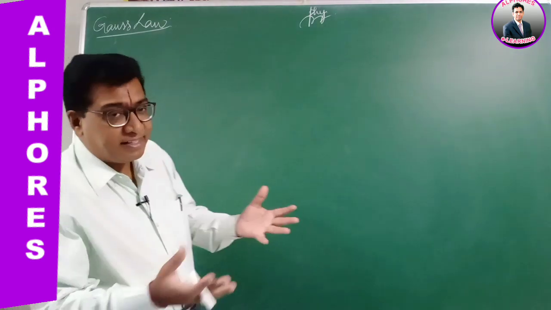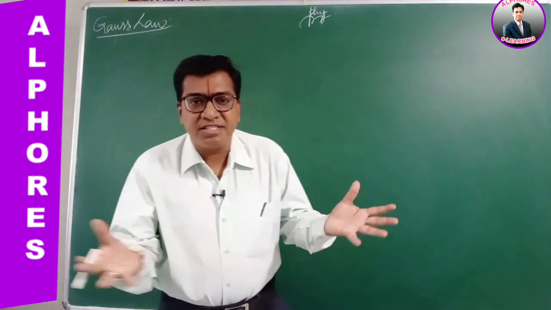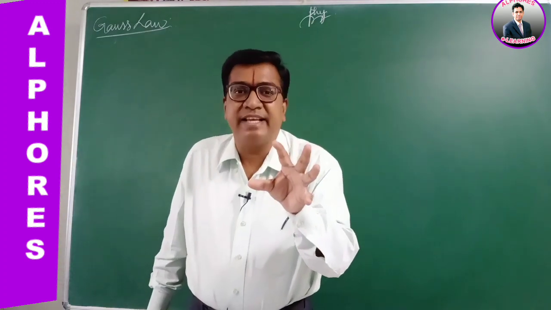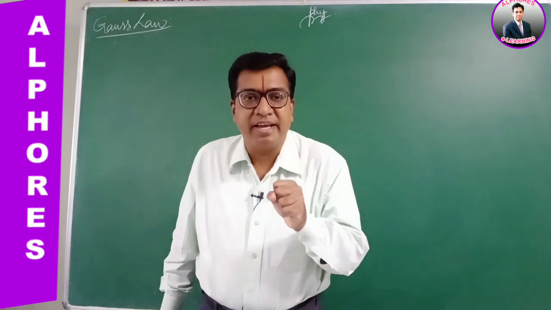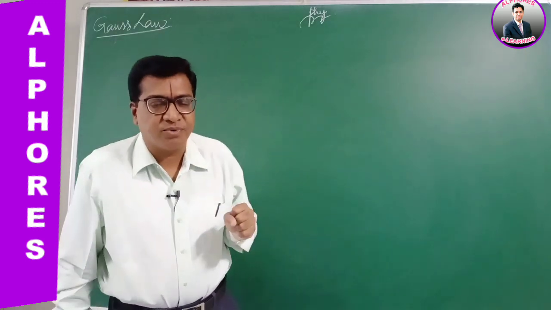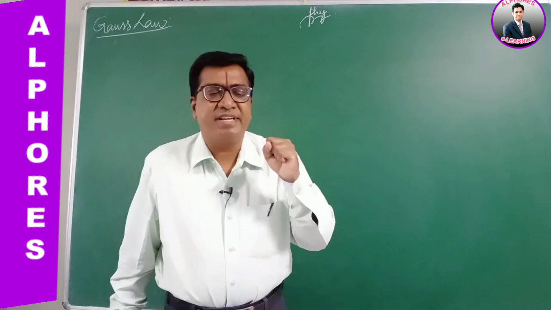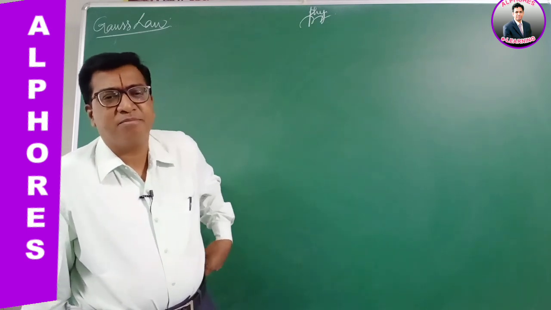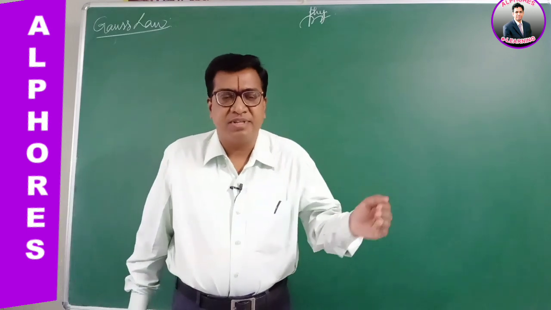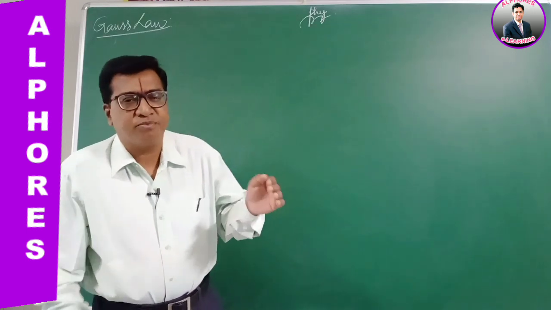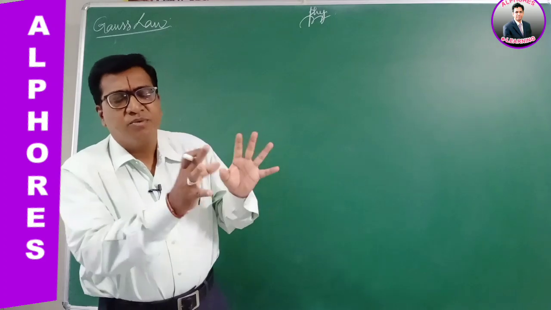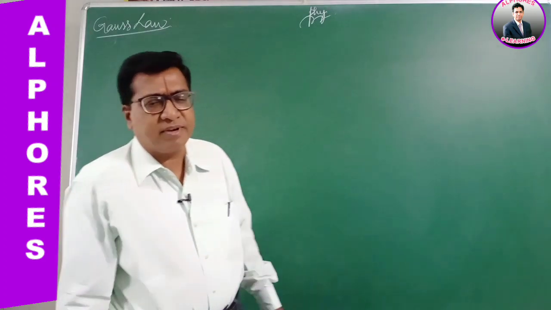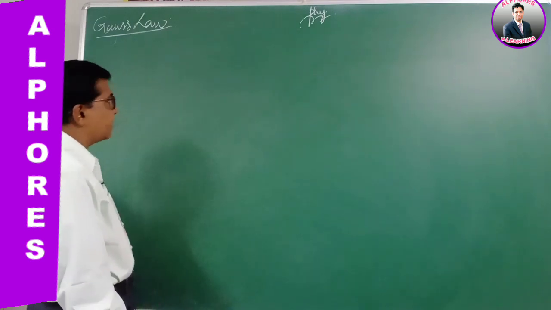The count of these lines of force is measured as electric flux. So the electric flux is the measure of the number of lines of force passing through a particular space, whatever area you consider. The number of lines of force passing through the surface is electric flux.